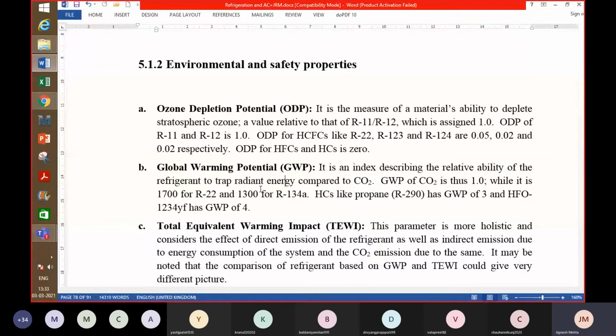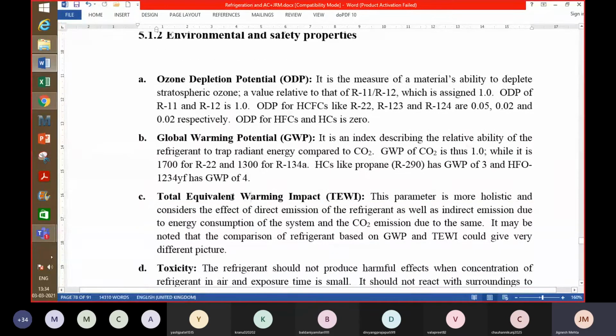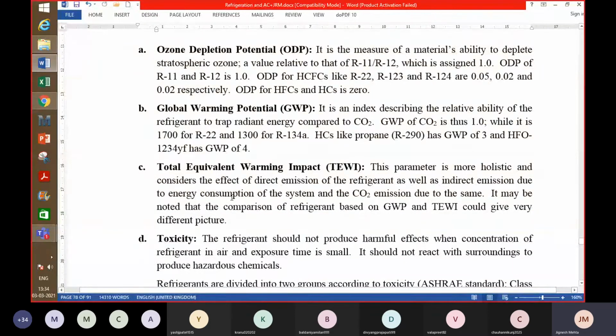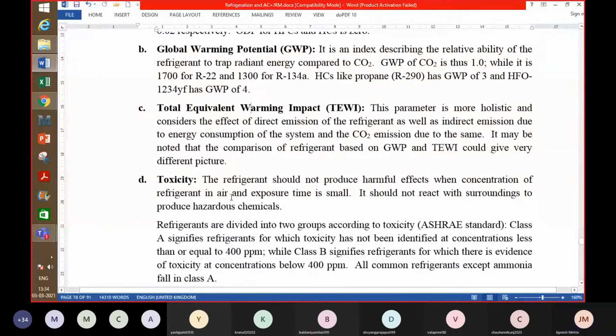So you should consider the CO2 emission throughout its life, and also the effect of the direct emission. Considering both things, this parameter TEWI is worked out, and the decision about environmental properties should be taken based on TEWI rather than GWP. Okay, so these are the environmental properties, A, B, C.